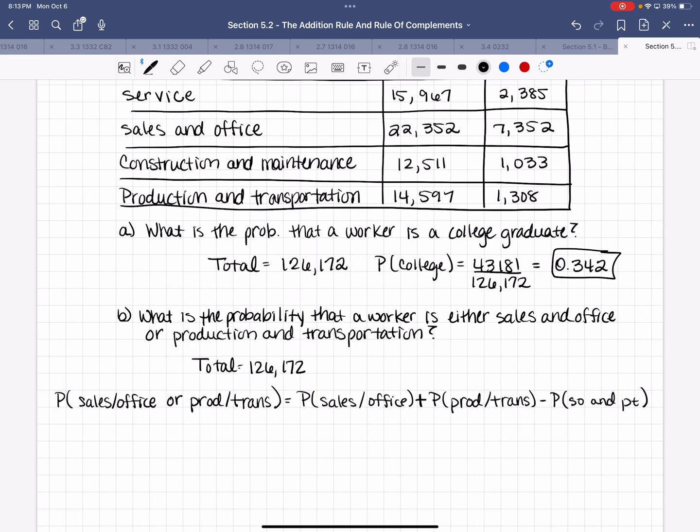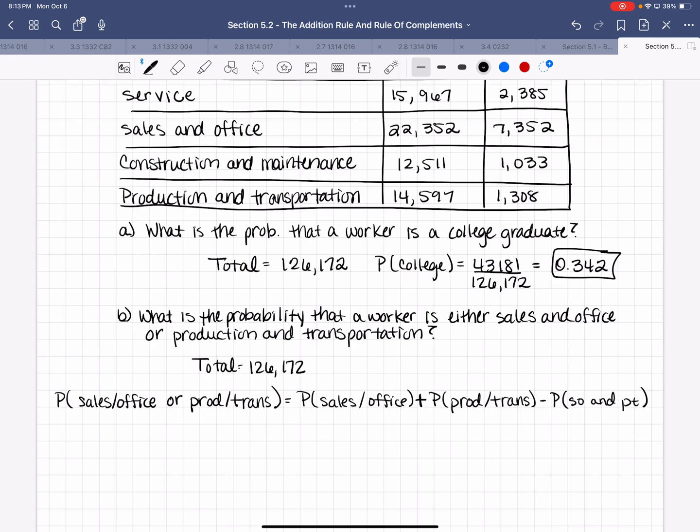All right, so we got sales office. What is the probability that a worker is either sales and office or production and transportation? Do we actually have to worry about here that probability of the and?